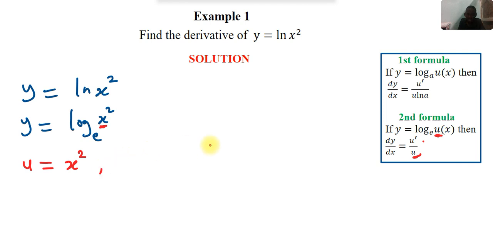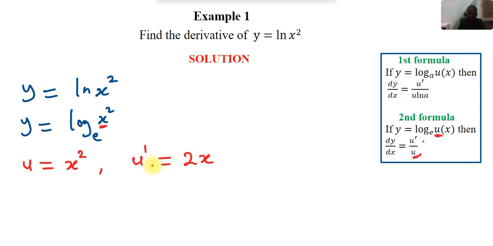So in that case, I know in my formula I will be in need of u prime, which is the derivative of u. So I will differentiate this. Okay, this u prime is the same thing as du dx. So you have 2x when you differentiate.